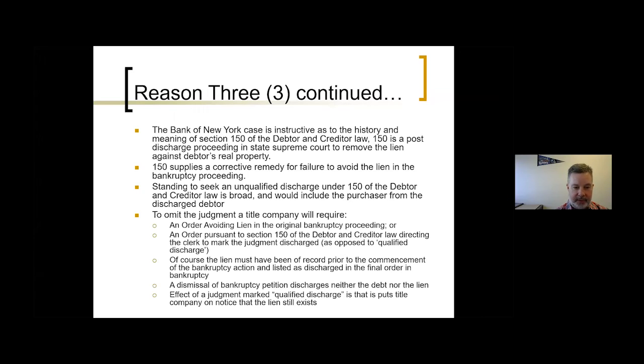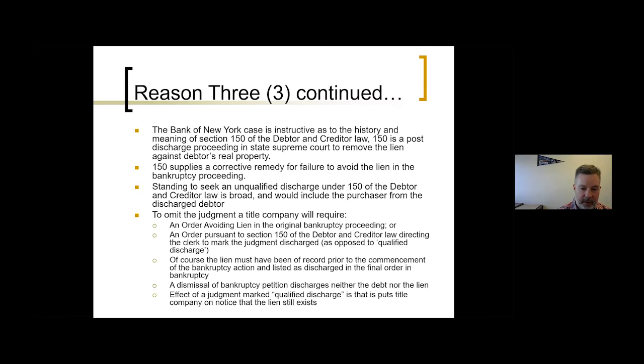How would we deal with this if we were at the closing? We're going to want that order avoiding the lien in the original bankruptcy proceeding, or we're going to want an order pursuant to Section 150 of the Debtor and Creditor Law. We could hold an escrow.